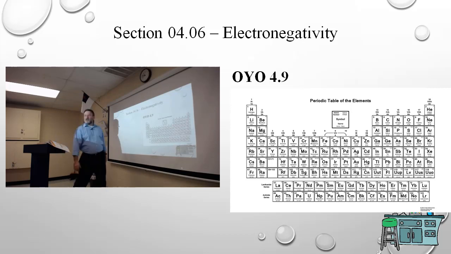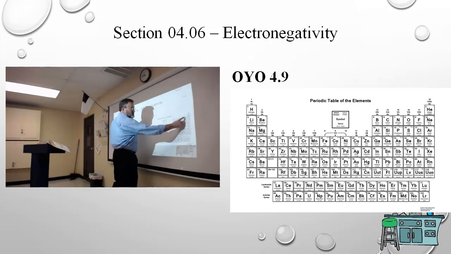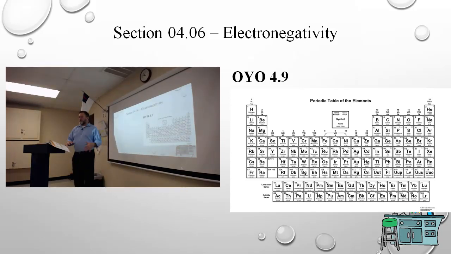Yeah, just read it top to bottom. Fluorine is less than chlorine is less than bromine is less than iodine is less than astatine. Okay? The largest radius would be astatine, At. The smallest of those would be fluorine, F, on the top. Why? Because the increasing trend for radius is to the left and down.